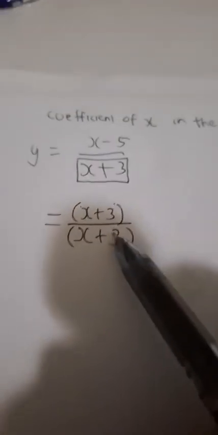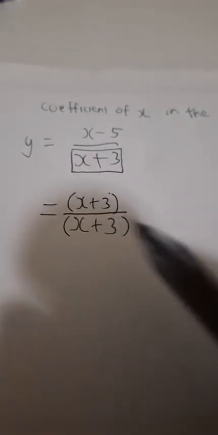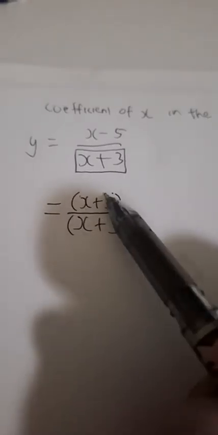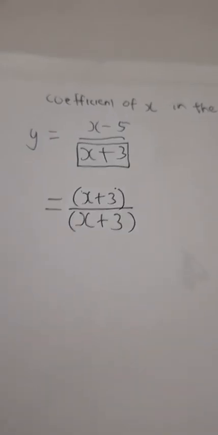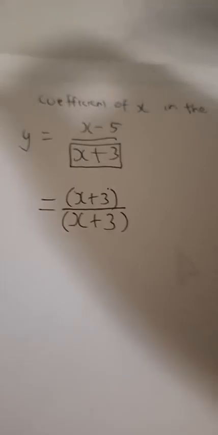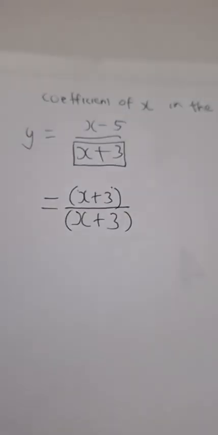This x plus 3 over this x plus 3 will give me an actual value, which is 1, because something divided by itself gives me 1.